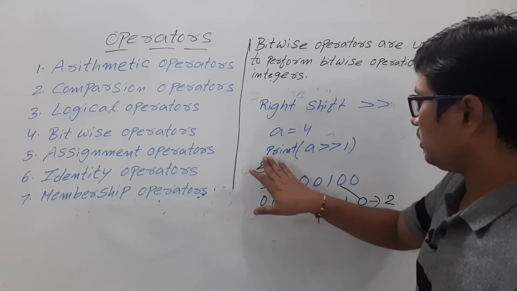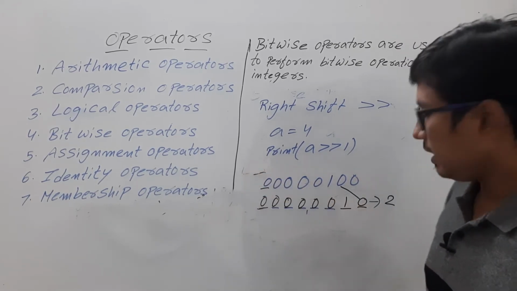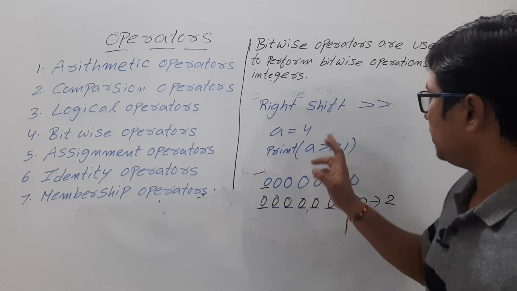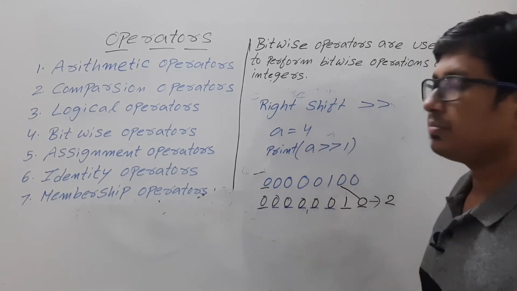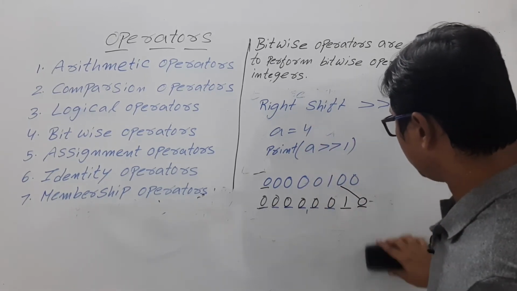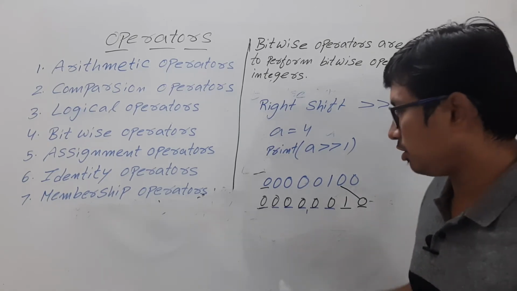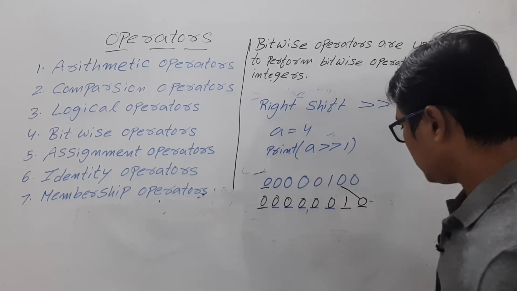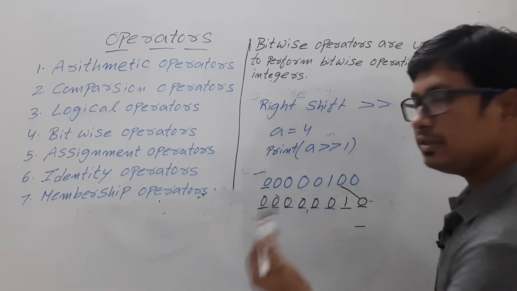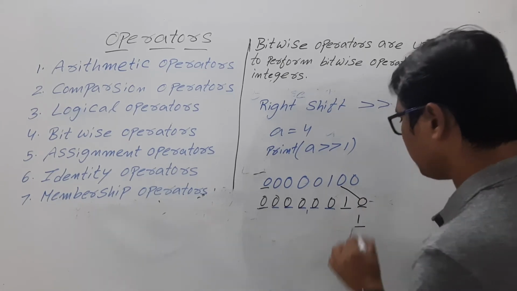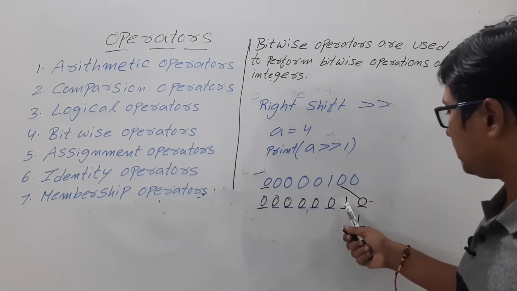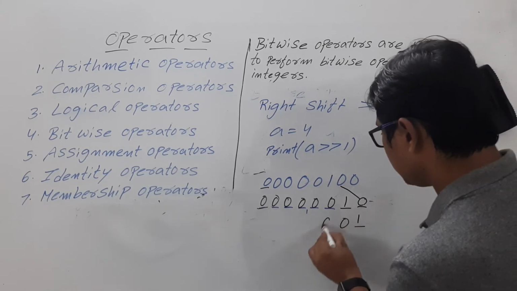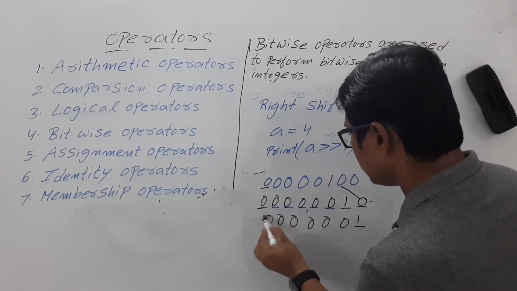Now if I want to perform bitwise right shift by 1 bit again, you can try how it will work. Again I want to perform right shift by 1 bit, then this 1 will go away, you will have a 1 here, this 0 will go away, you will have 1 here, then 0 0 0 0 0 0 0.